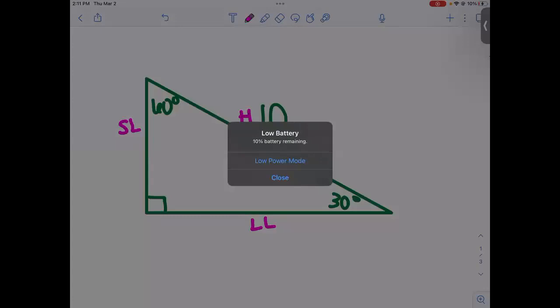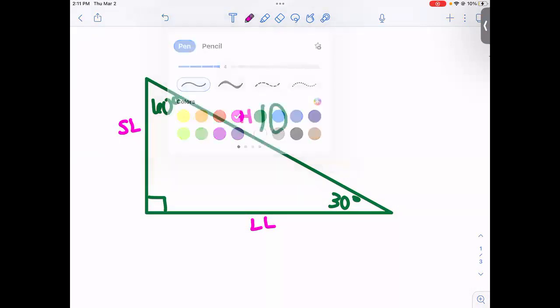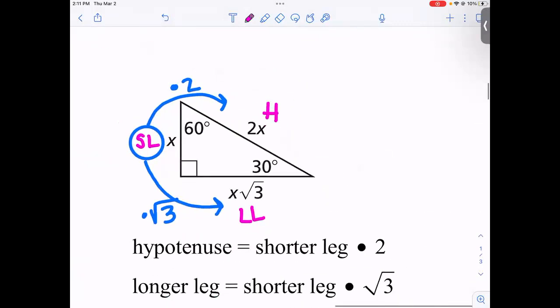Hold on. From the short leg, we double to get to the hypotenuse. We multiply by radical 3 to get to the long leg. Now, if we have the hypotenuse, how do we go this way?